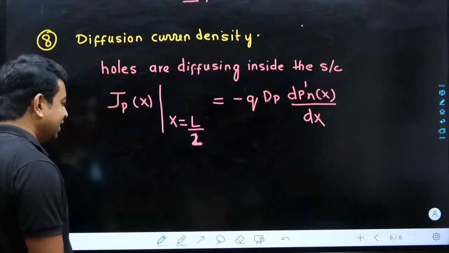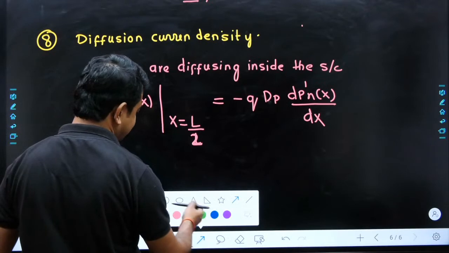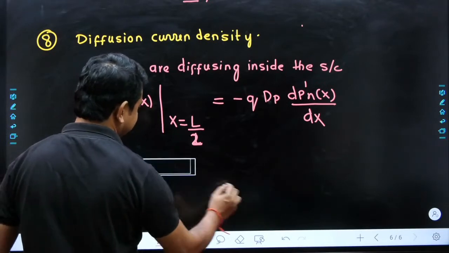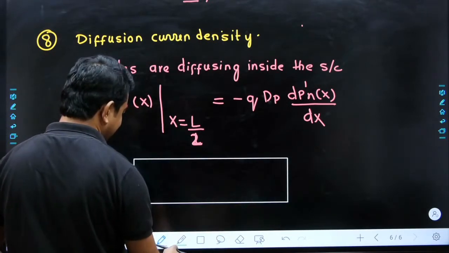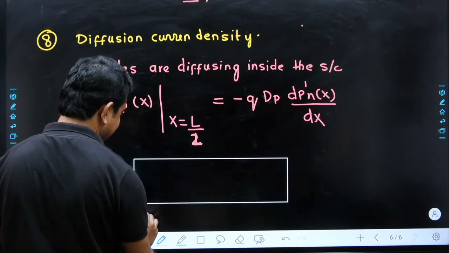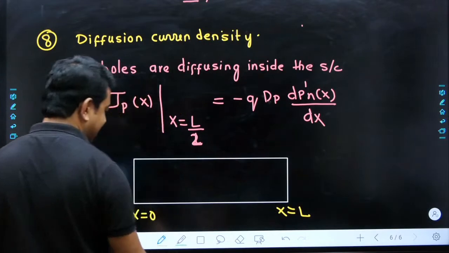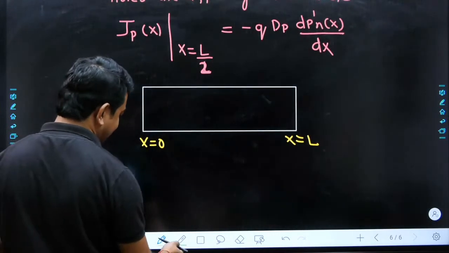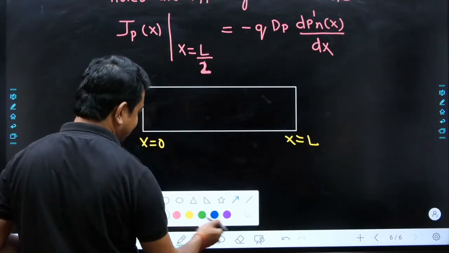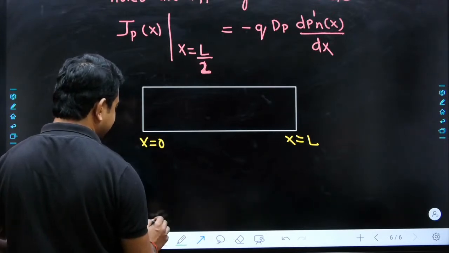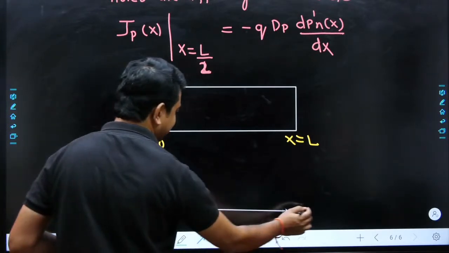The same thing can be drawn here. Suppose this is the semiconductor, and this is the distance x is equal to 0, and this is the distance x is equal to L. And we can draw the graph. What is the graph representing? The graph represents how the charge carriers change with respect to distance.